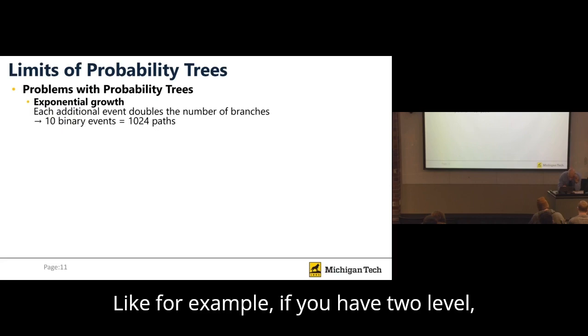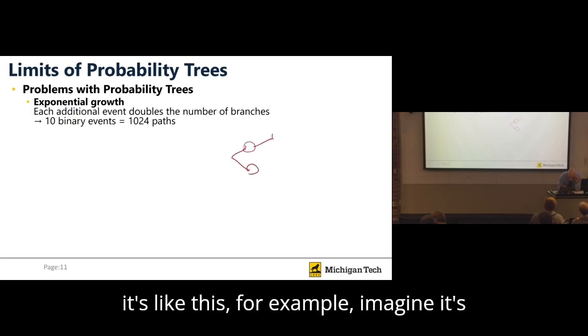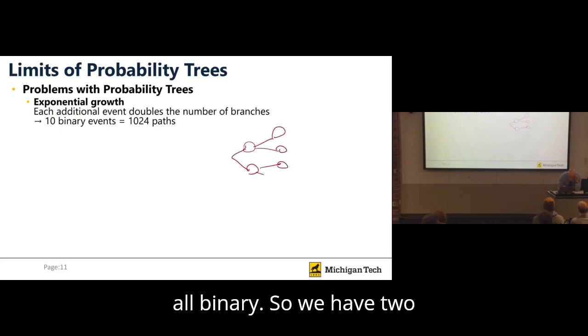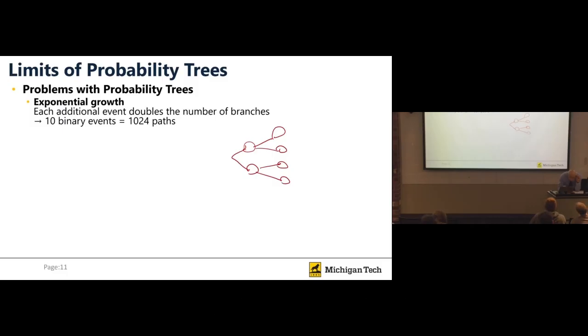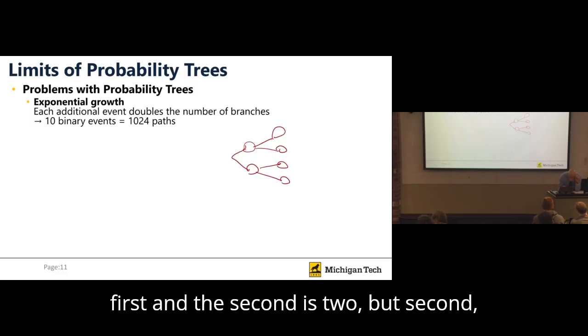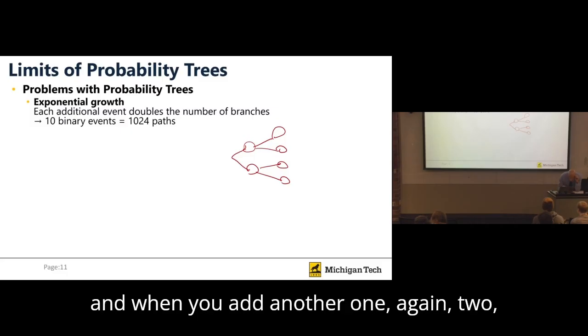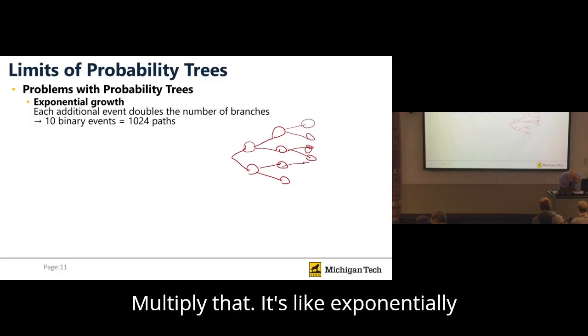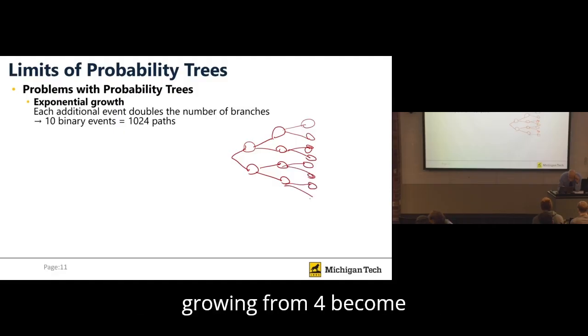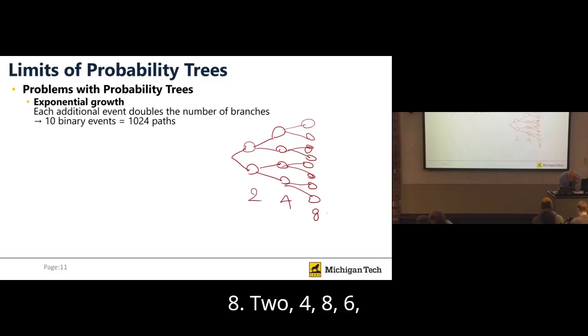For example, if you have 2 levels, imagine it's all binary. So we have just 2 first and the second is 2, and when you add another one, again 2, multiply that. It's like exponentially growing. From 4 becomes 8. 2, 4, 8, 16. For 10 events, you have 1,024 paths.